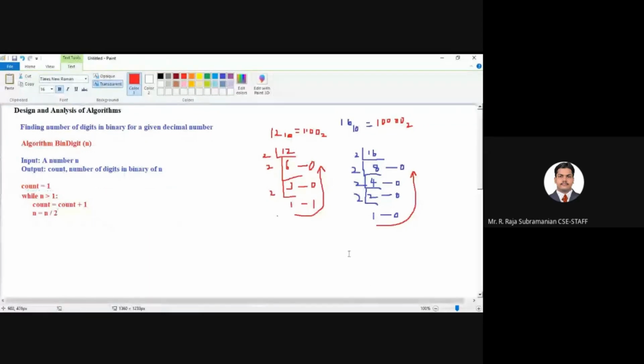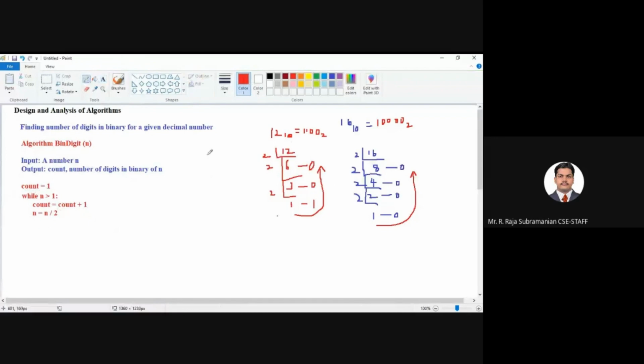Now I come in here and ask you a question. What is 4 divided by 2? With respect to a C program, it is 2. What is 5 divided by 2? When it is in a C program, it is 2.